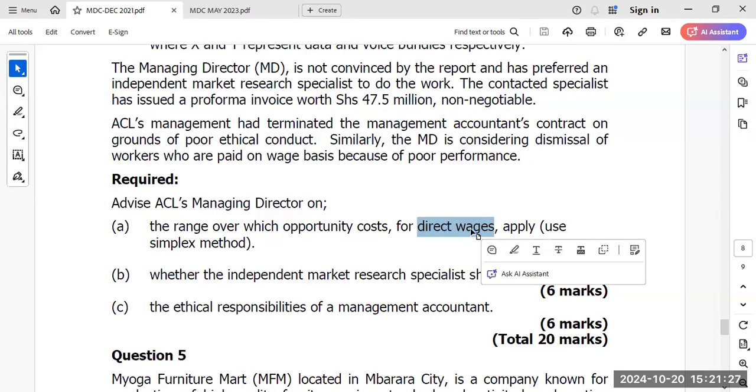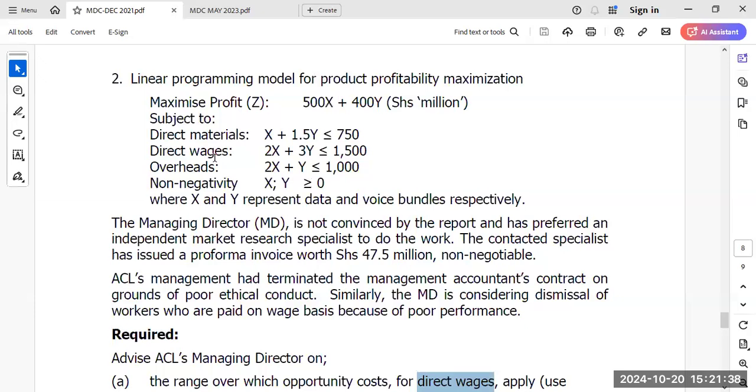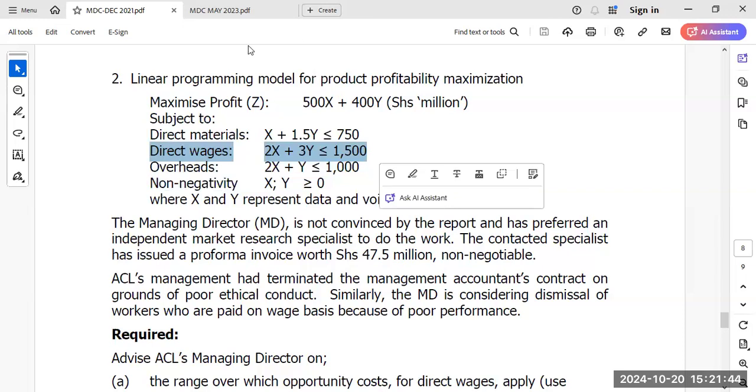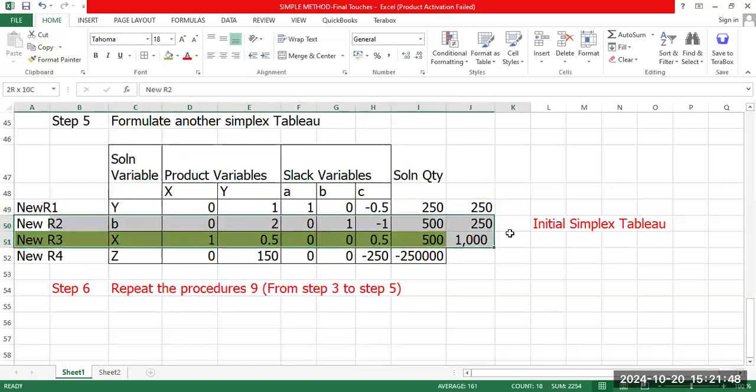Ask yourself, direct wages as a constraint is in which row? This is row 2. So as you decide here, the lowest value, go with row 2, because that's where your focus is.